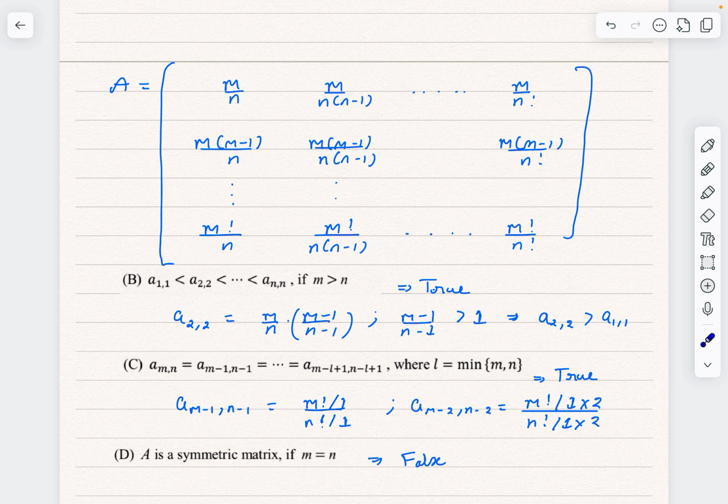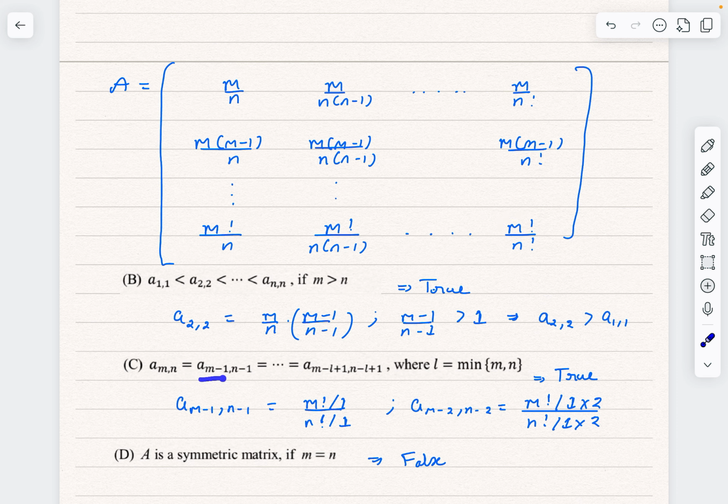Next, they're saying Am,n is equal to Am minus 1, n minus 1. So basically this is the last element. They're looking for this and this element, then again the previous element. So see what will happen: in Am,n we differentiate m times and n times.